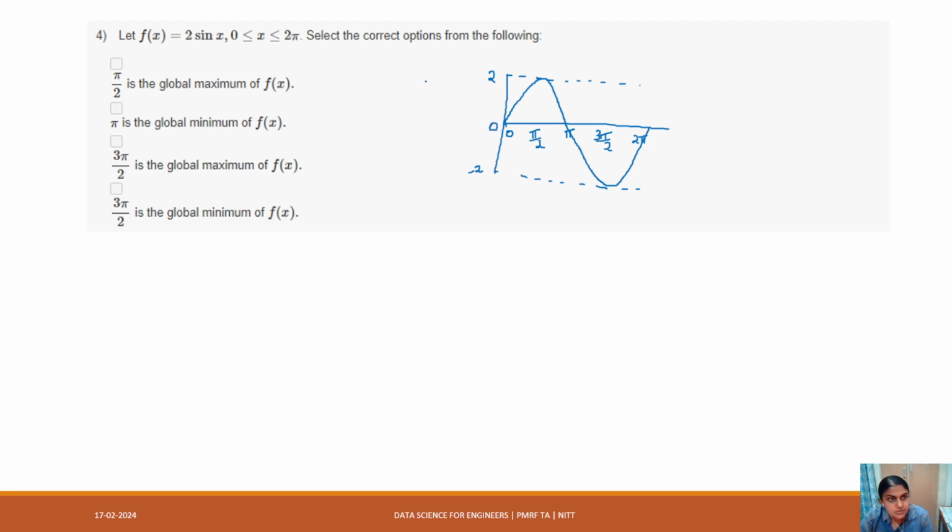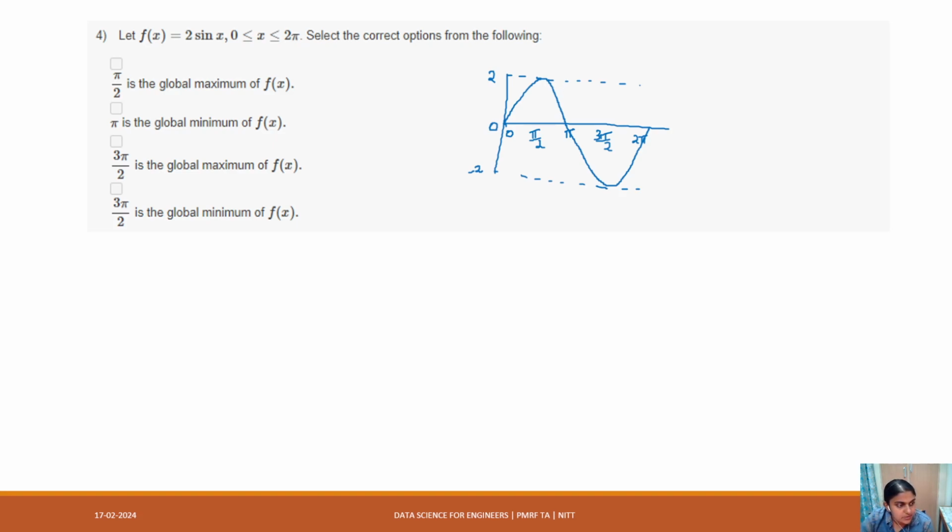You don't have to go through any specific function here. Looking at this, you can see that at pi by 2 it is the global maximum of f of x, because this will be oscillating between these two values only. 2 sin x means it will oscillate between plus 2 and minus 2 only.